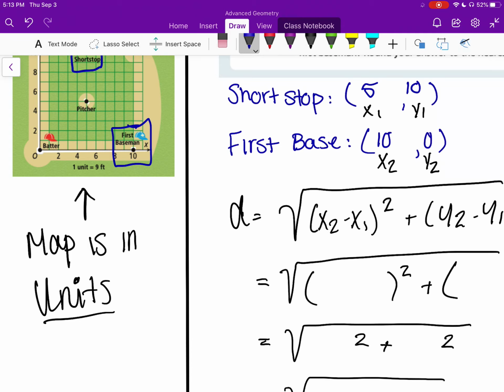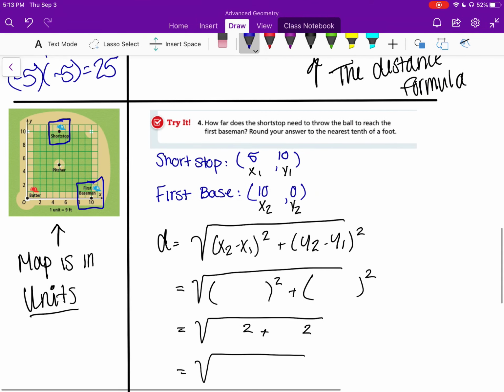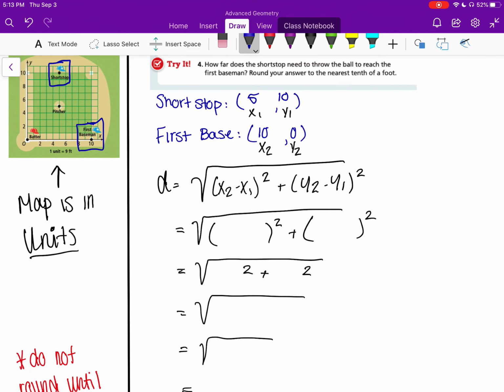There is no vertical shift there, no vertical movement. And now we're actually going to just use this distance formula, noting that our x values are 5 and 10. Our y values are 10 and 0.